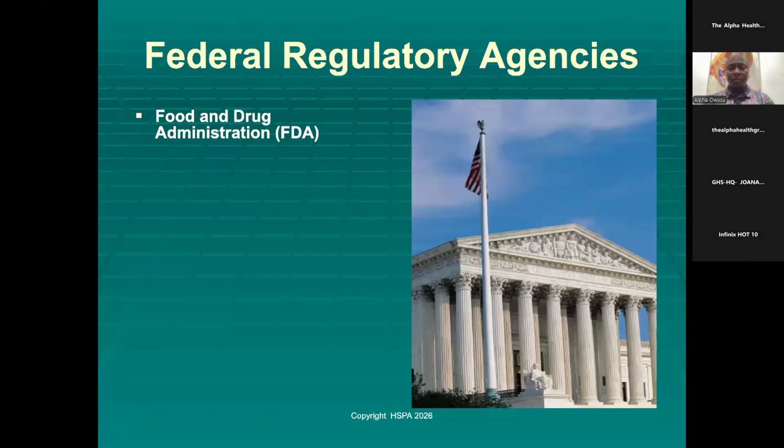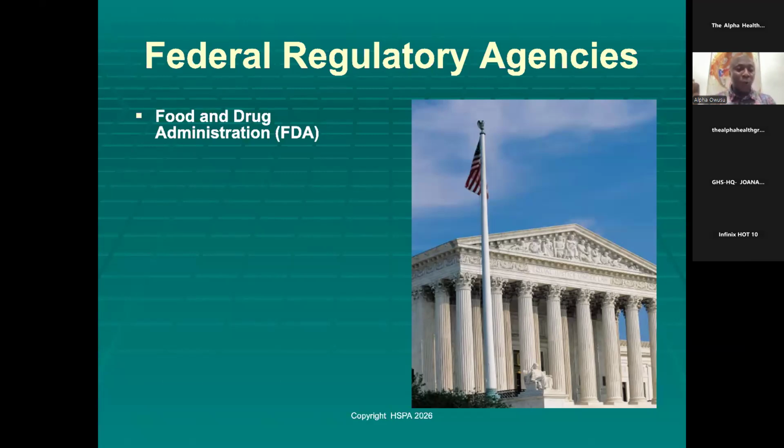For example, all these chemical indicators, biological indicators, the machines that we use are within the regulation of the state. So the regulation of the Ghana Food and Drug Administration, right?